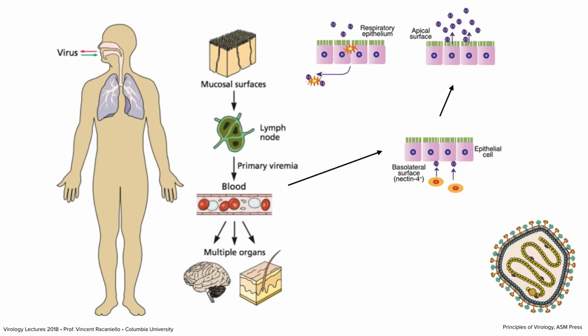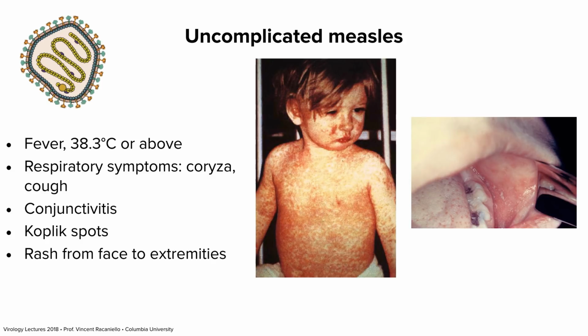And that's why, to infect you, the virus can't infect the epithelium. It has to infect immune cells that are scattered throughout the epithelium. But on the way out, the virus attaches to receptors on the basolateral surface, replicates in these cells, and then is spread. And then as you talk and sneeze and cough, you spread it to other people. Really unusual mechanism. Probably selected for because it needs to get out by the way it came in.